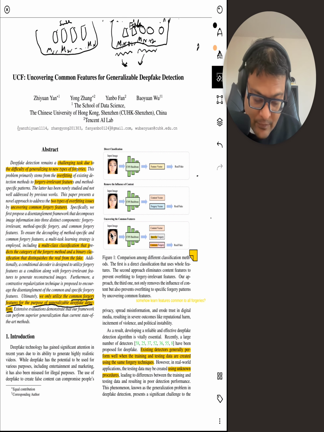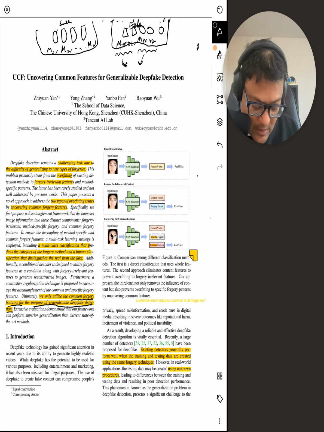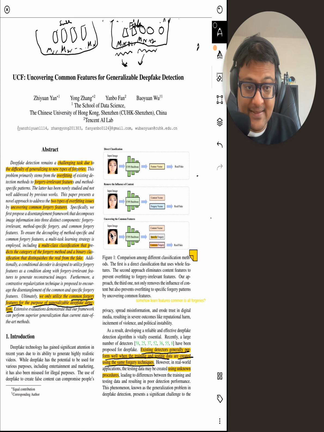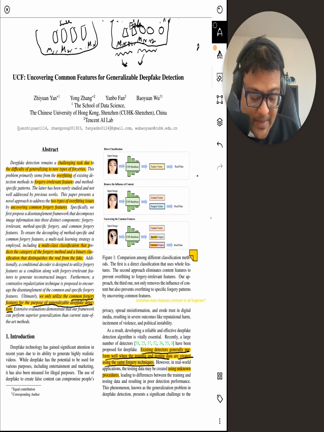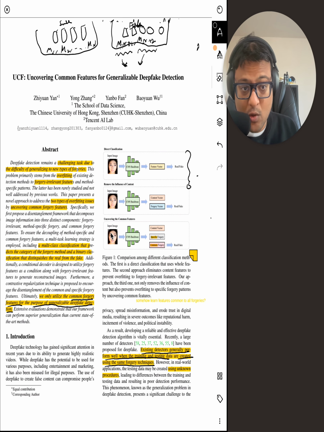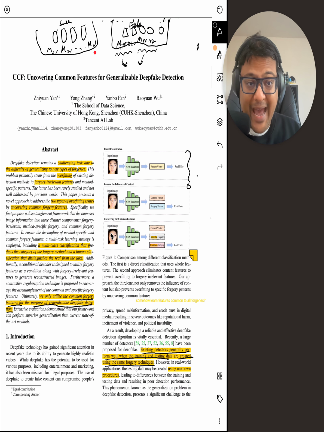So basically, the problem the authors are pointing out is that existing detectors generally perform well when training and testing data are created using the same forgery techniques. That is, this method will only work well if your fake images during training came from models M1, M2, Mn, and during testing also came from the same models M1, M2, and Mn.